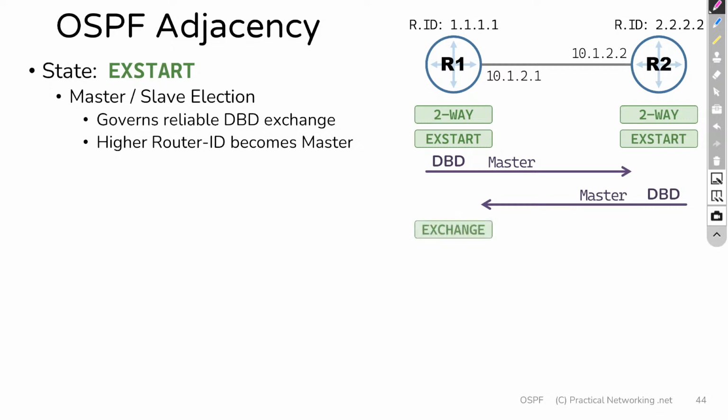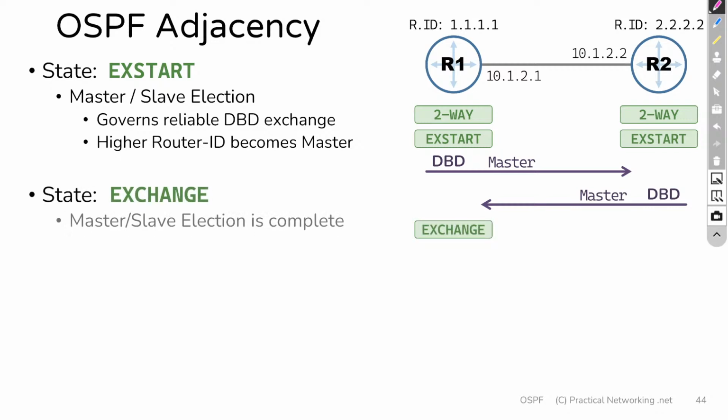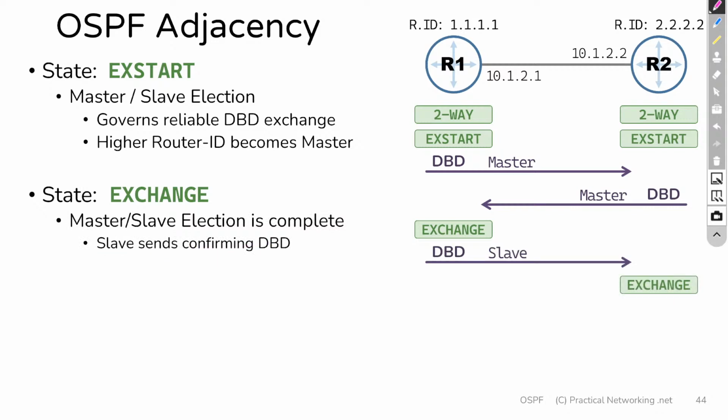And the next thing that happens is the slave is going to send a confirming DBD to confirm that it indeed is the slave of this relationship. So initially, they both send out a DBD thinking that they are the master. They compare each other's router IDs. And then the slave sends out a confirming DBD saying, no, I am indeed the slave.